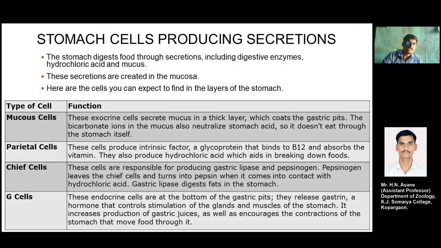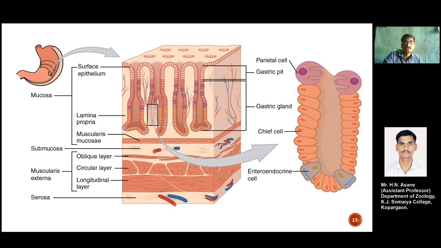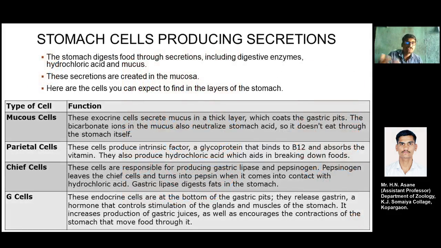So the stomach cells produce some secretions, as I said earlier: the mucous cells, parietal cells, chief cells and the G cells, which are the enteroendocrine cells.